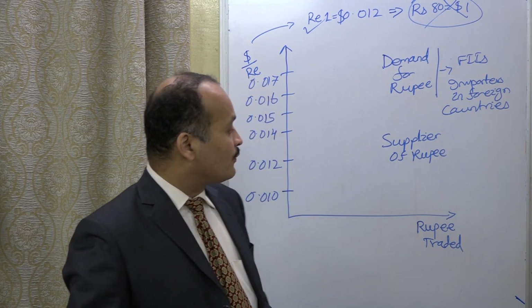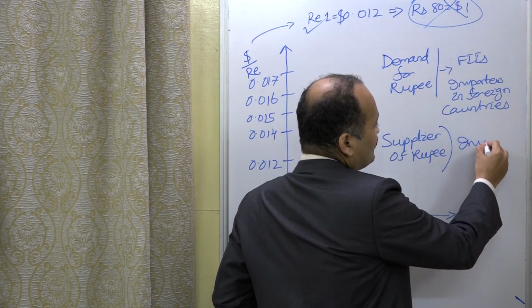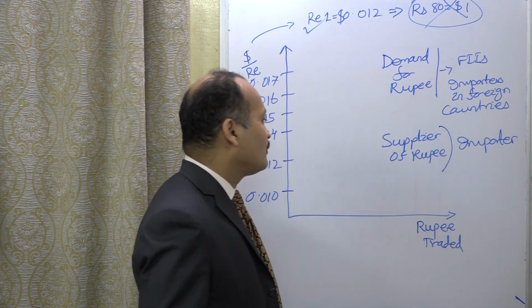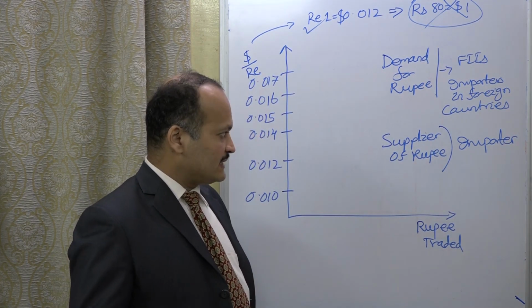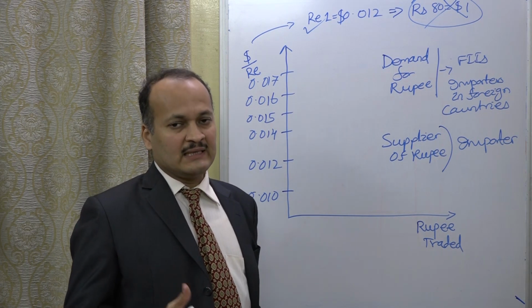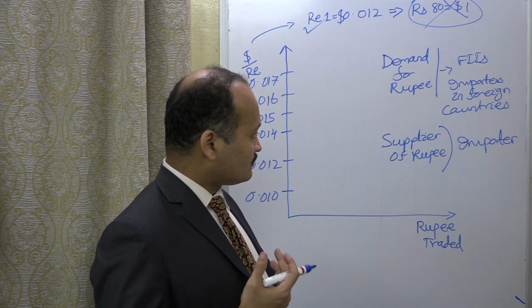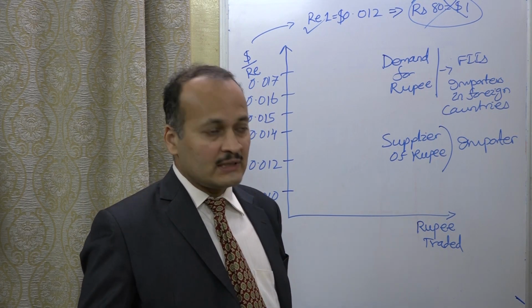Okay, so like here, who is it? This is an importer. Let us consider an importer. Now a domestic importer who has got rupees wants to buy things which are priced in dollars, so he wants to convert his rupees into dollars.